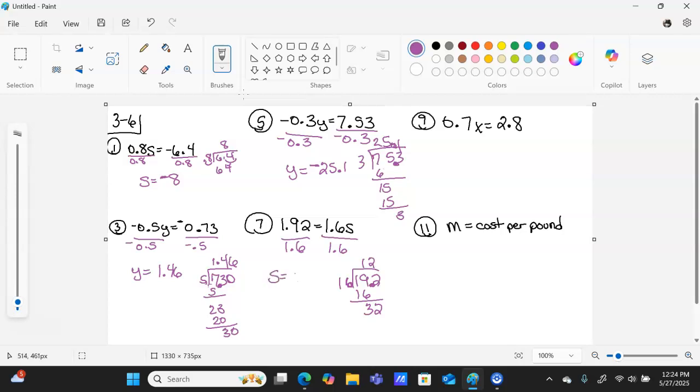So s equals 12, and it is positive because we have a positive divided by positive, and it's not 12. I goofed there. That decimal is right there. It's 1.2. Number 9, dividing both sides by that 0.7.